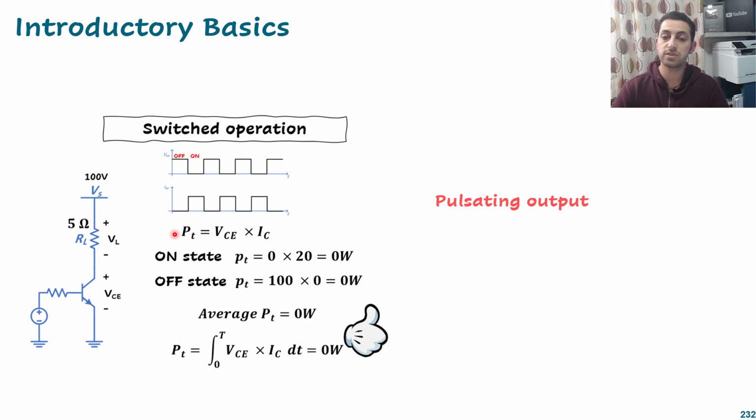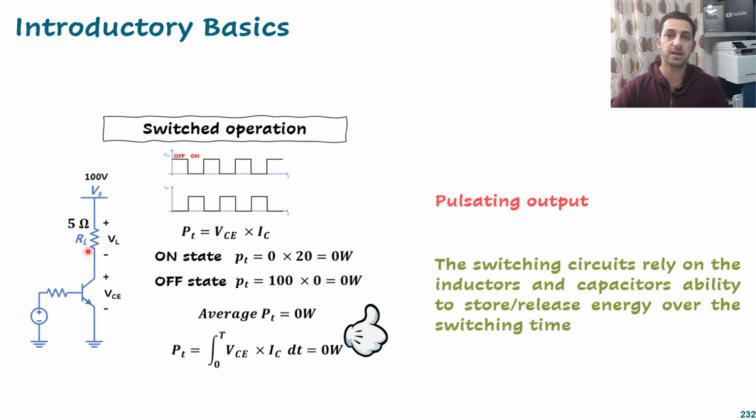So scientists started looking for different additions and different topologies to increase the efficiency of this topology while satisfying the load requirements. One of the things they looked at is using switching circuits, which rely on the ability of inductors and capacitors to store and release energy over the switching period.